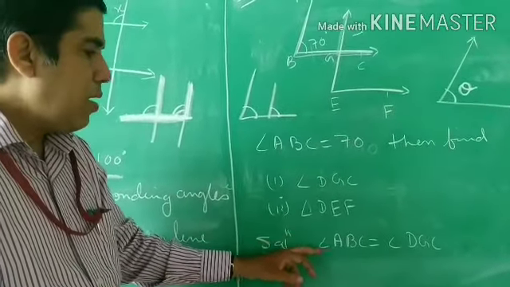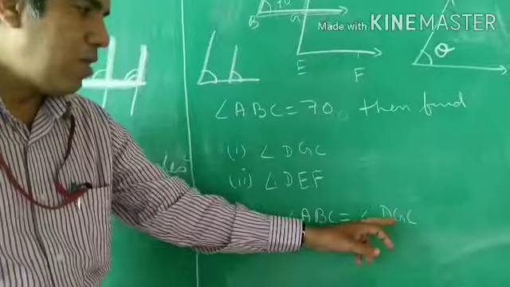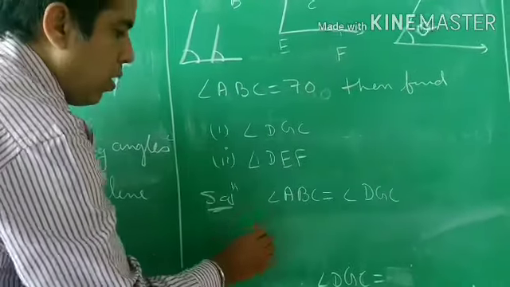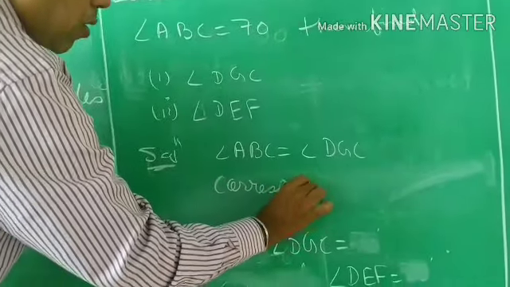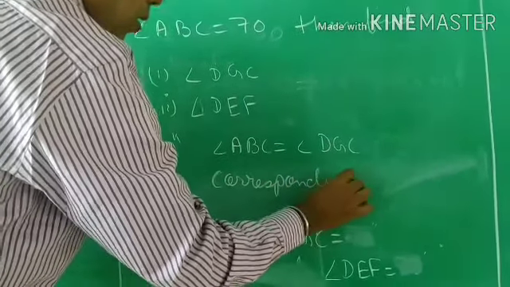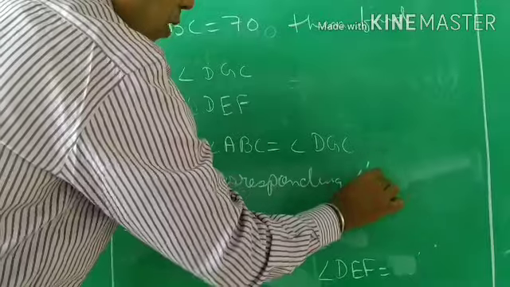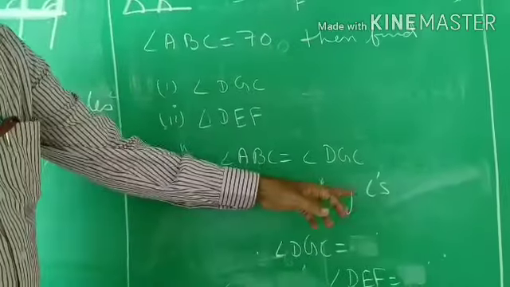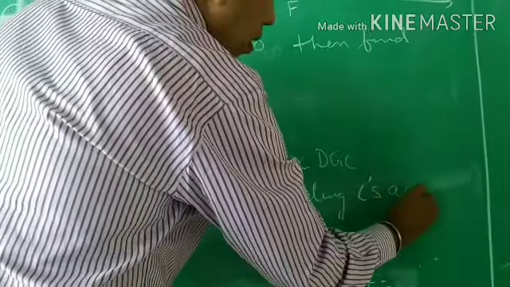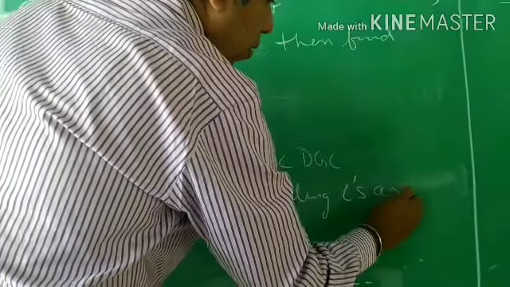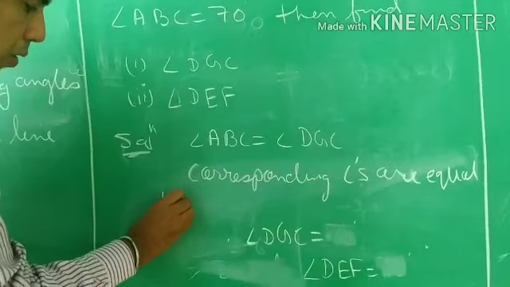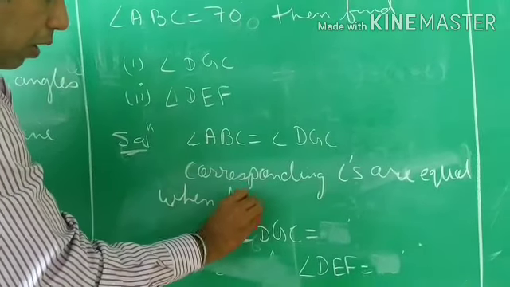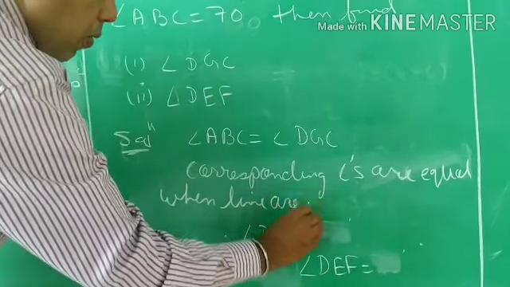So I will write angle ABC is equal to angle DGC, and I will write the reason: corresponding angles are equal when lines are parallel.